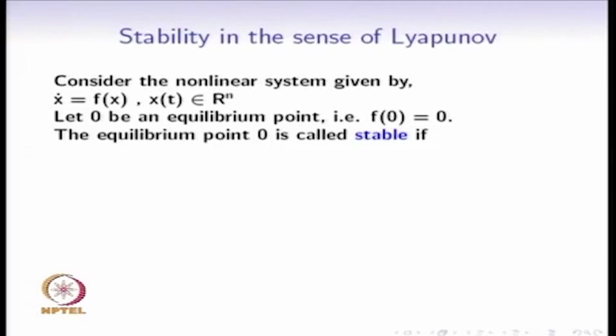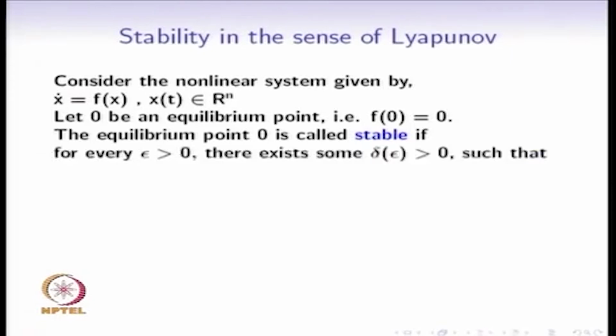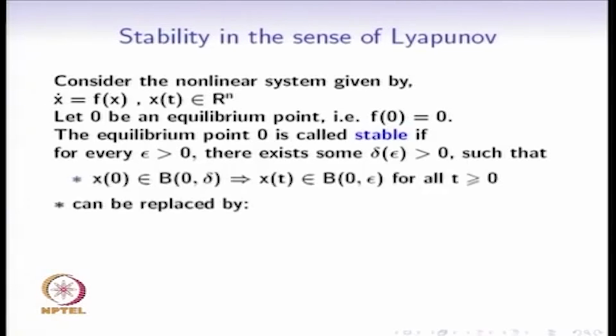Then the equilibrium point 0 is called stable if for every epsilon greater than 0 there exists some delta greater than 0 such that for every initial condition x naught inside the ball centered at 0 and of radius delta, we have the property that x of t belongs to this other ball, again centered at 0 and of radius epsilon, for all t greater than or equal to 0.